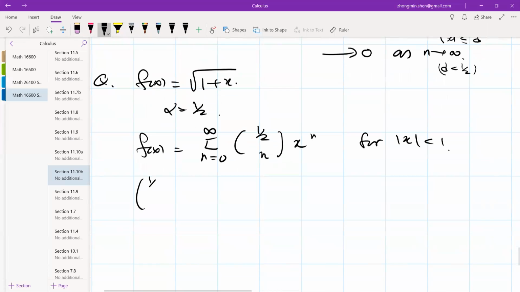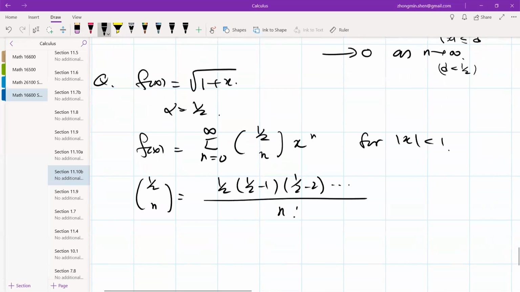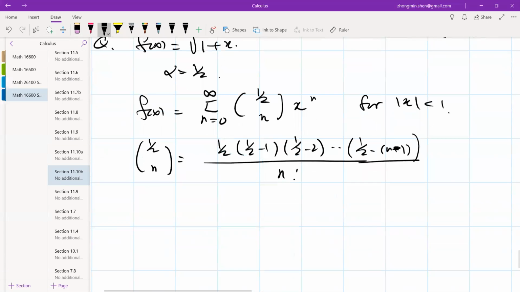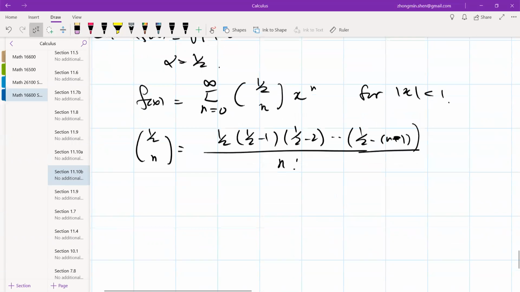So the coefficient depends. It's going to be (1/2)(1/2 - 1)(1/2 - 2) up to (1/2 - n + 1), divided by n factorial. So those are the coefficients. We cannot simplify further, we can only estimate. Let's look at the first few terms.